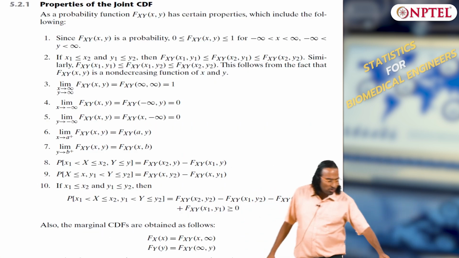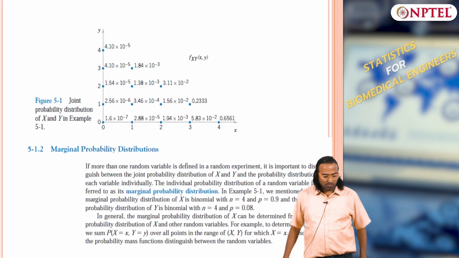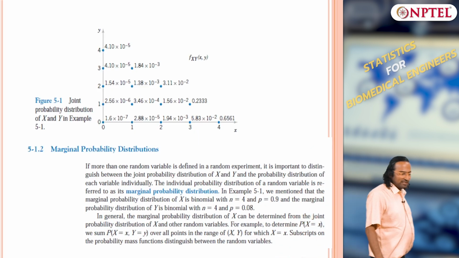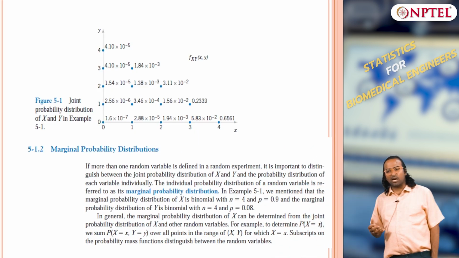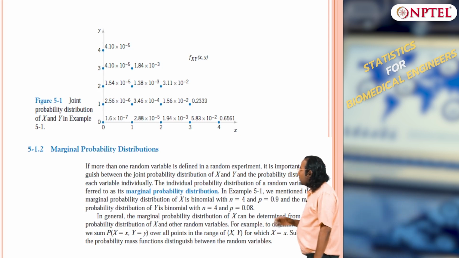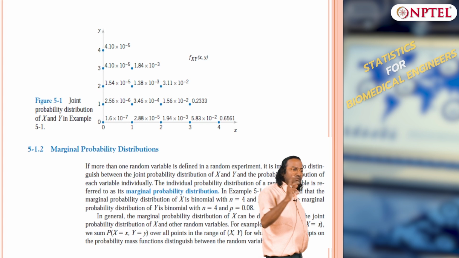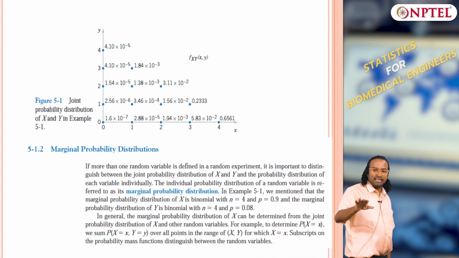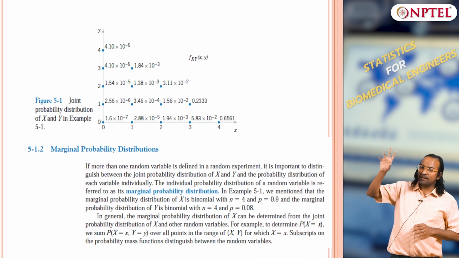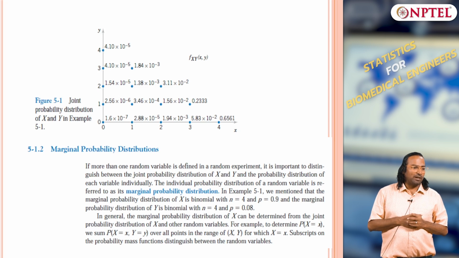If you want to look at it graphically, this is what I am talking about. This is a joint PMF, probability mass function, for discrete variables: x, y and the values. Now it has become three dimensional: x axis, y axis and the probability values.